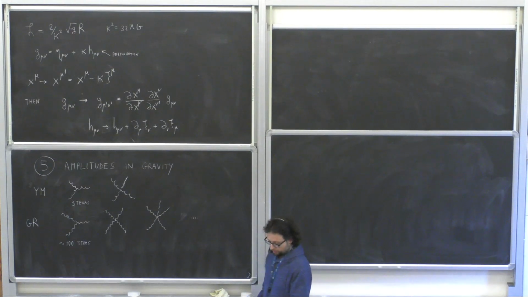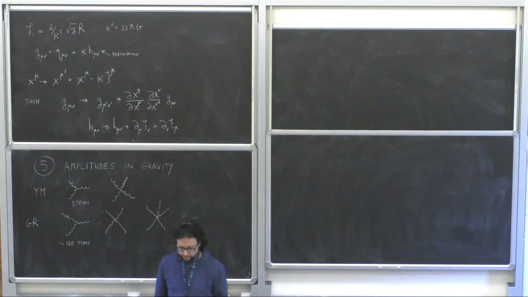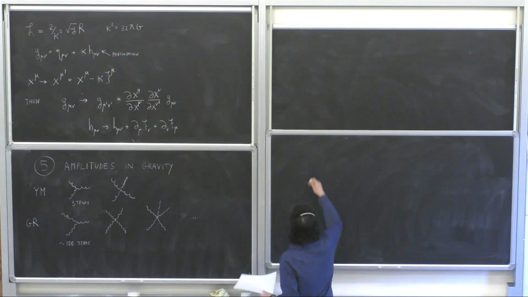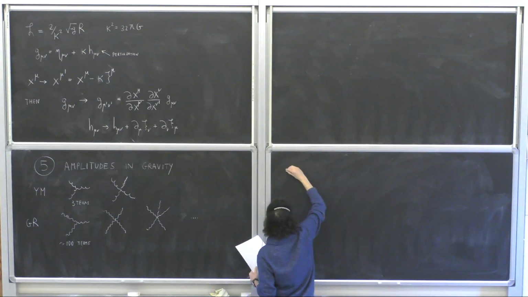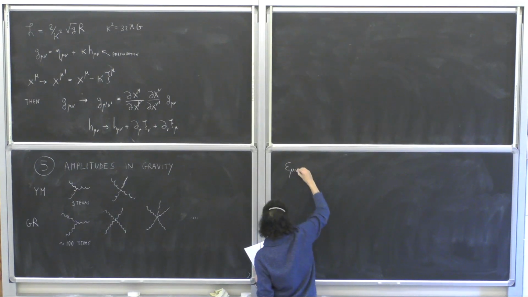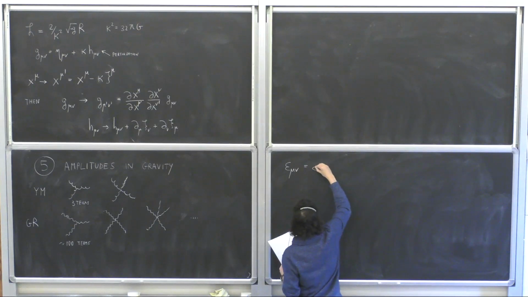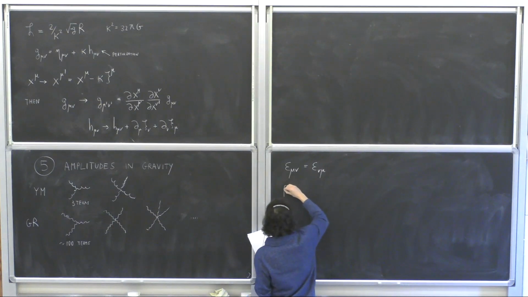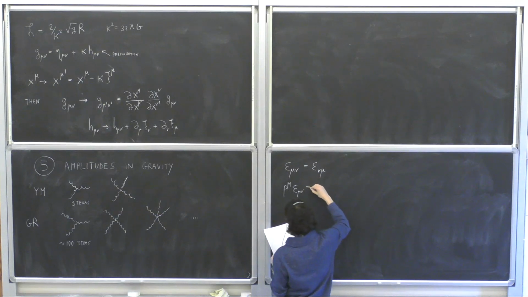As for the spin 1 particle, asymptotic states for gravitons will be transverse, and they will be represented by a polarization tensor, which is symmetric for the graviton at least, and which is transverse.